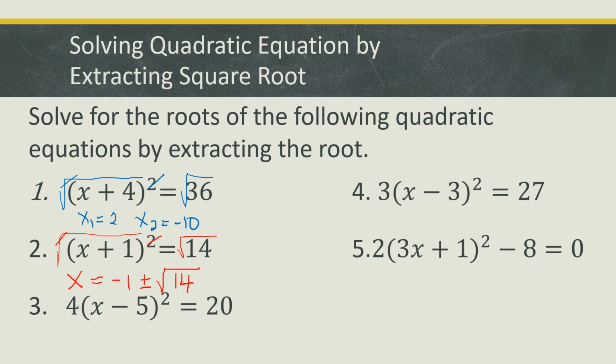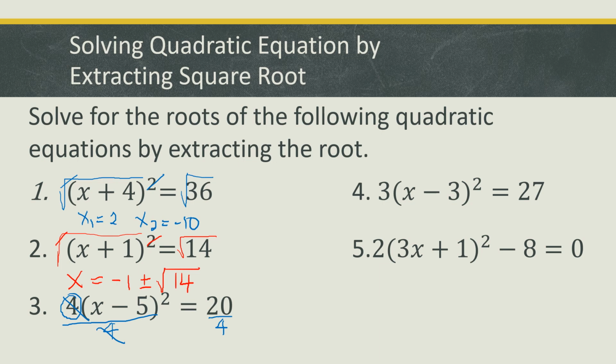Example number 3. If you have observed, we have this 4 as our numerical coefficient. If you have that numerical coefficient, or the value of a, first divide both sides by that value for us to eliminate the numerical coefficient. 20 divided by 4 will give us 5.